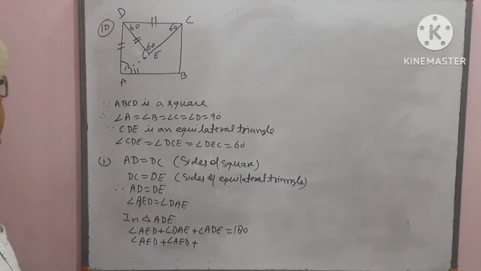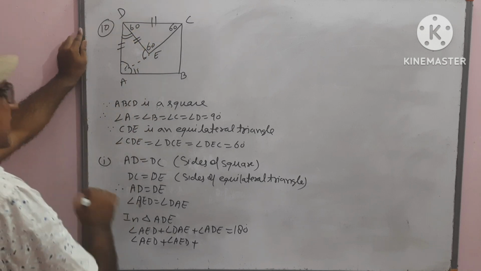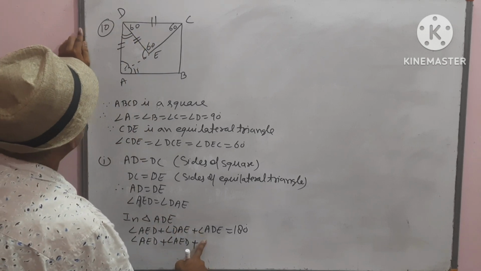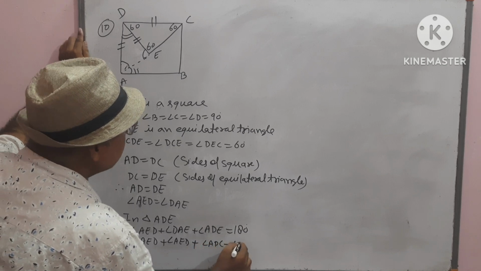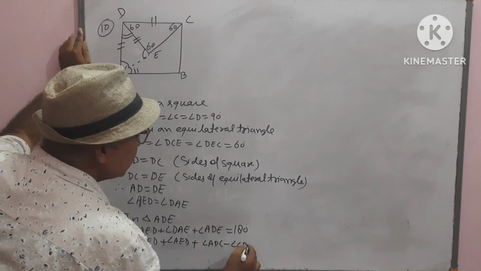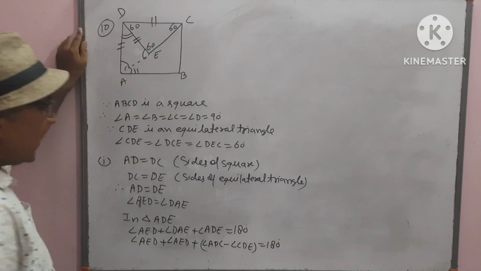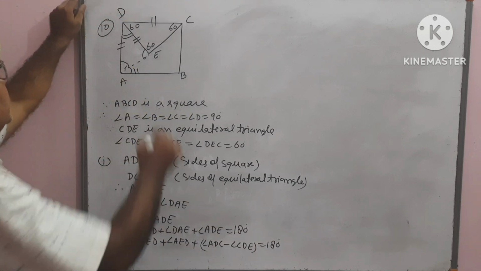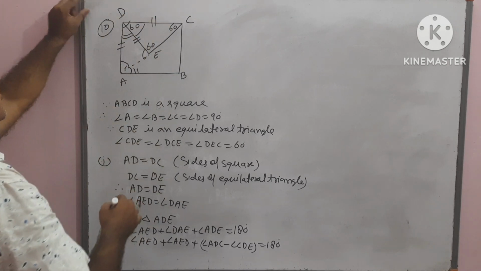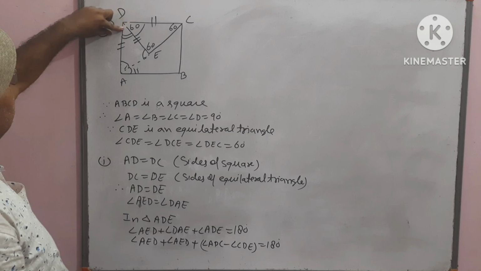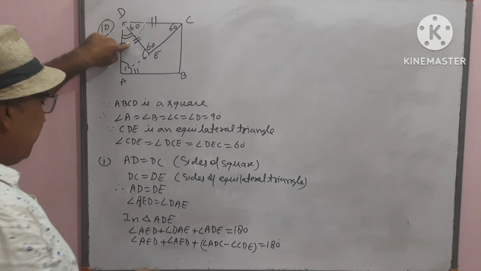What about ADE? If you notice it, in place of ADE, we can write ADC minus CDE. Can we write it? ADC is this complete angle, and CDE is this angle. From this complete angle D, if we subtract this angle, then we will get ADE.